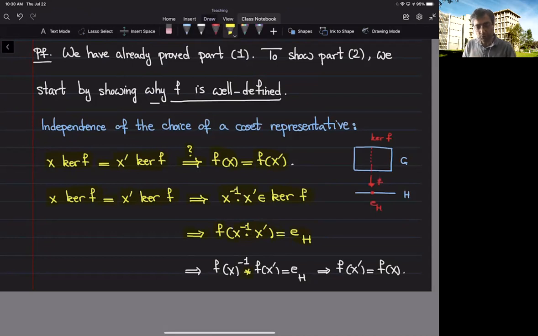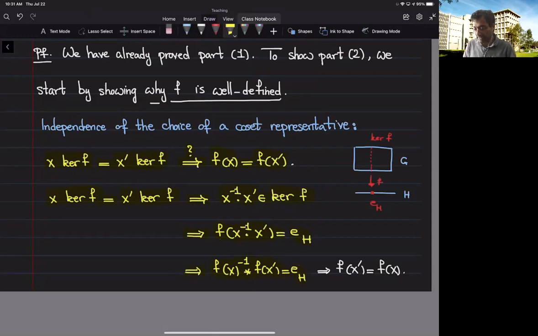And we have also shown that F of inverse is inverse of F. So F of X inverse is F of X, and then we take the inverse. So altogether we get that this is the same as F of X inverse star F of X prime. And that is supposed to be the neutral element of the codomain.